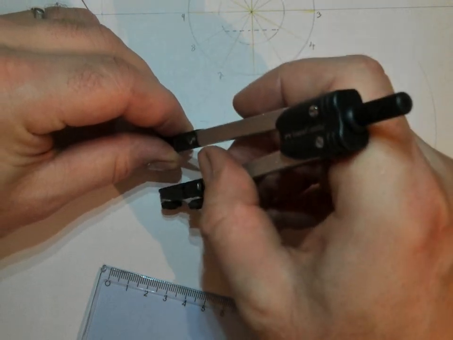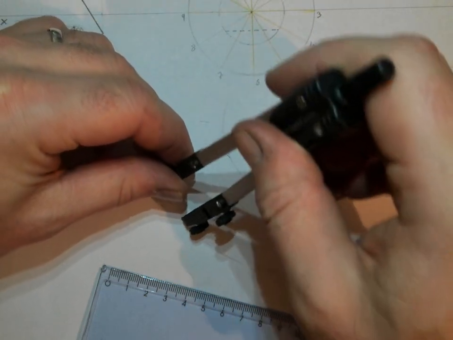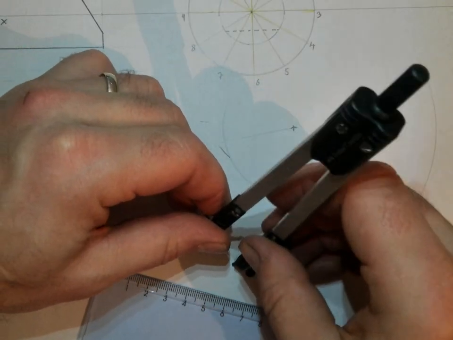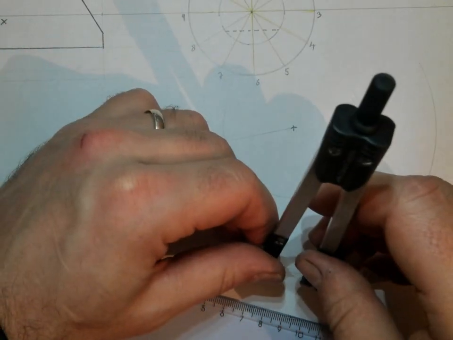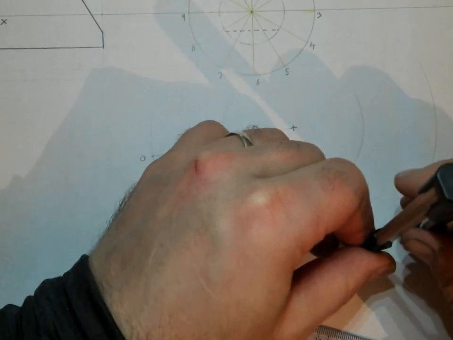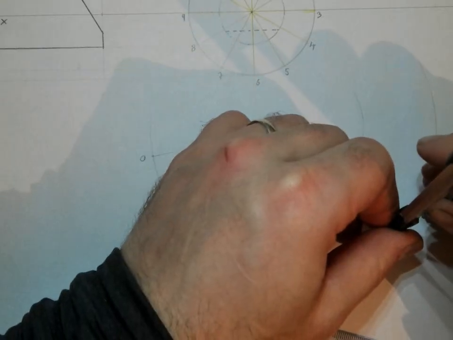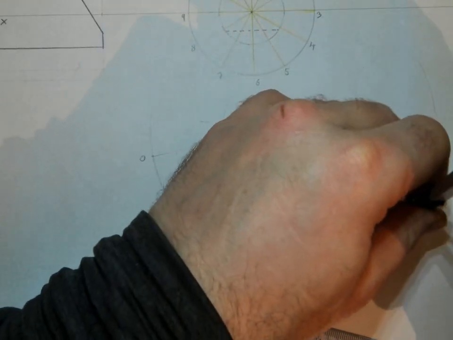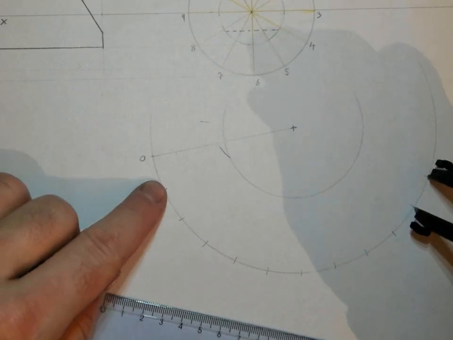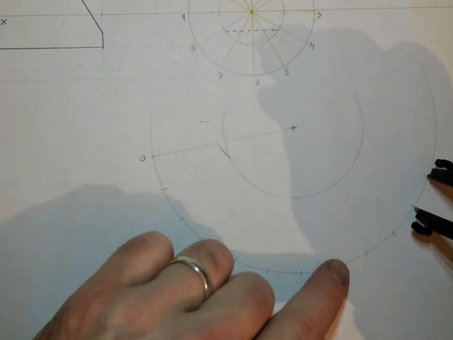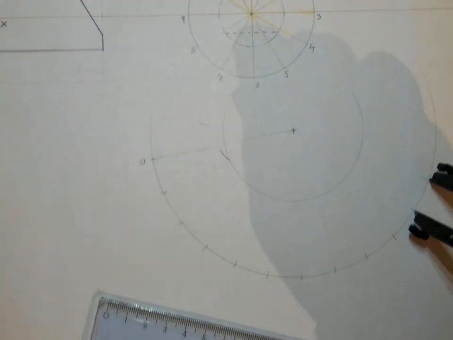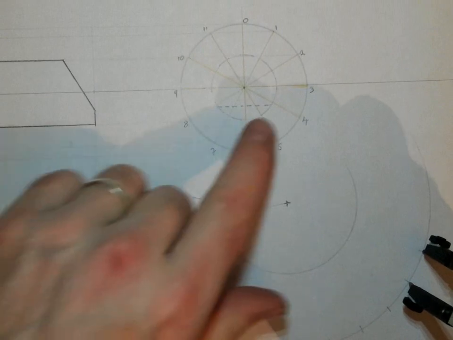And I'm going to mark off 12 equal spaces along this bottom arc. So this is 11, 1, 2, 3, 4, 5, 6, 7, 8, 9, 10, 11, and one more brings me back here to 0.